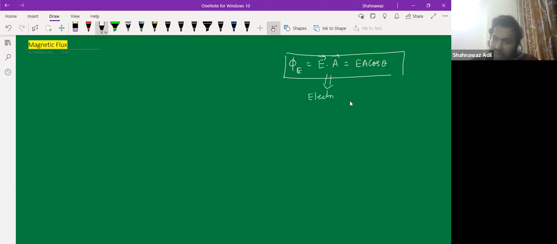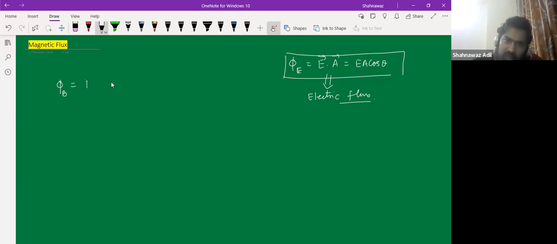If we take the analogy from this, what can you say about magnetic flux? What would be magnetic flux? Magnetic field lines passing through a given area. Yes, normally.